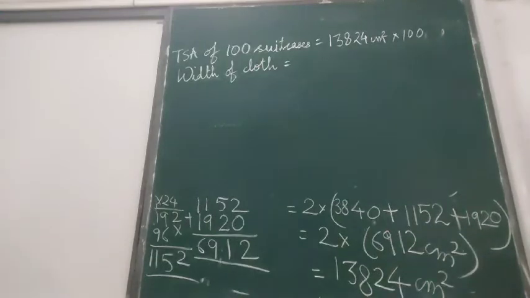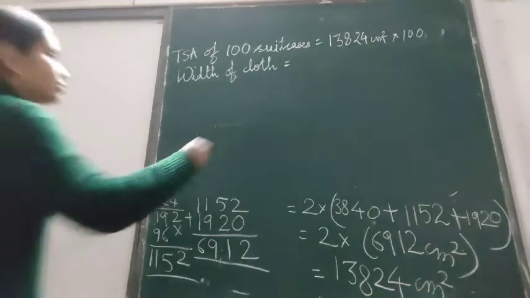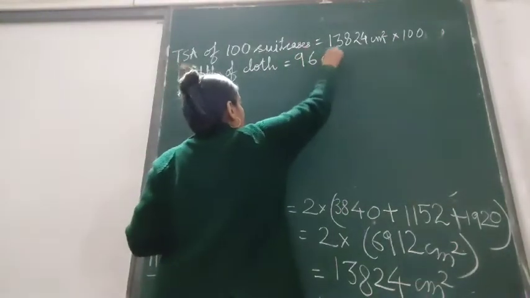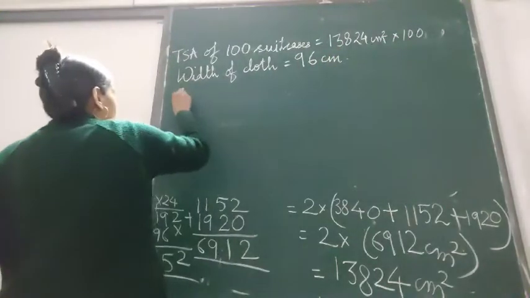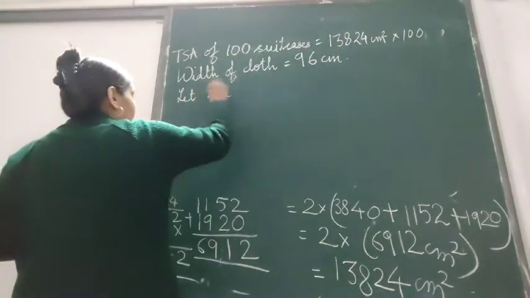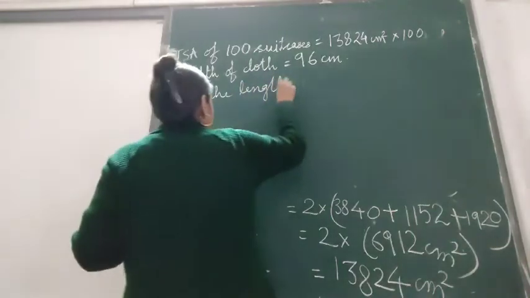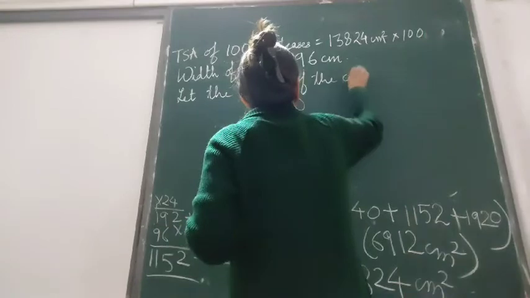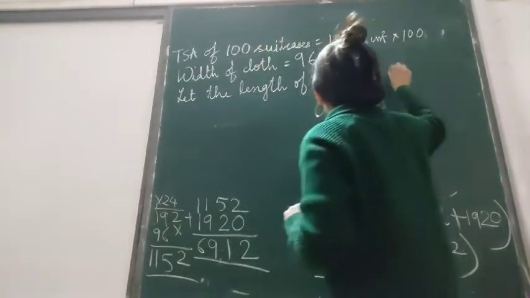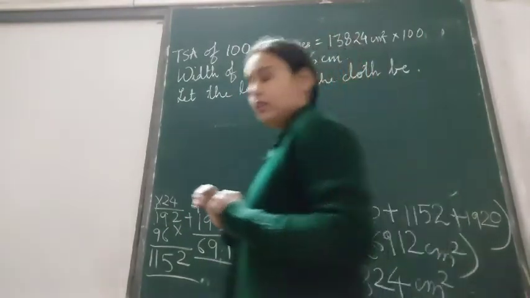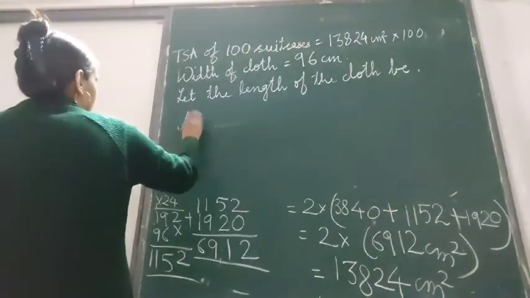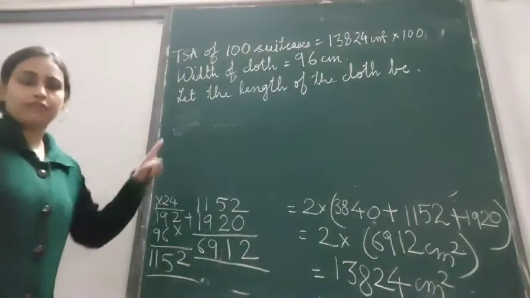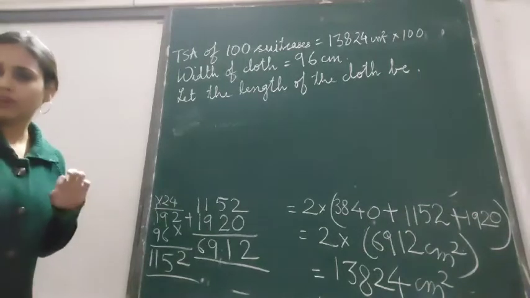Let me check, children. 96 centimeters. Now length is missing, so let the length of the cloth be L. Now what do we have to find out? We have to find only this, the length of the cloth needed.